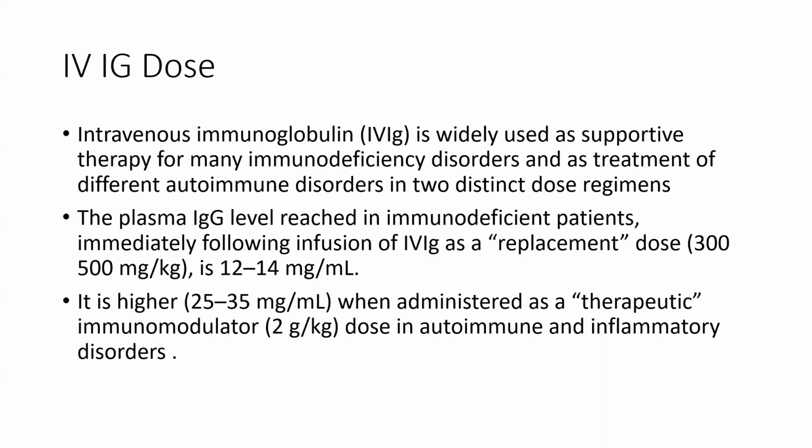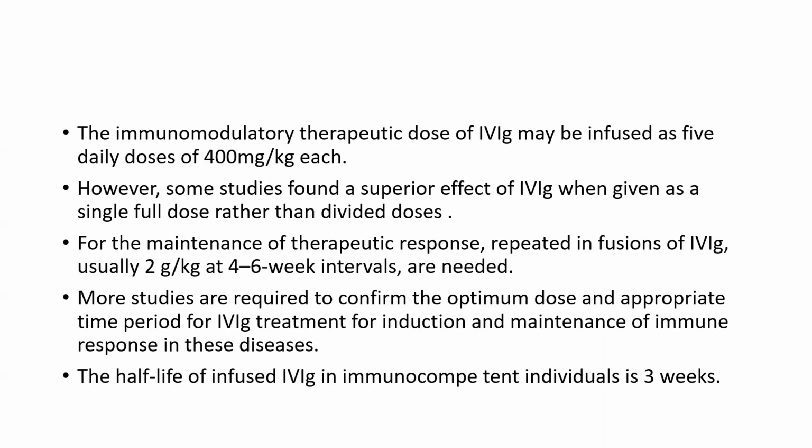In autoimmune and inflammatory disorders, the therapeutic immunomodulatory dose is 2 gram per kg. The immunomodulatory therapeutic dose of IVIG may be infused as 5 daily doses of 400 mg per kg each. However, some studies found a superior effect of IVIG when given as a single full dose rather than divided doses. For maintenance of therapeutic response, repeated infusion of IVIG, usually 2 gram per kg at 4 to 6 week intervals, is needed.